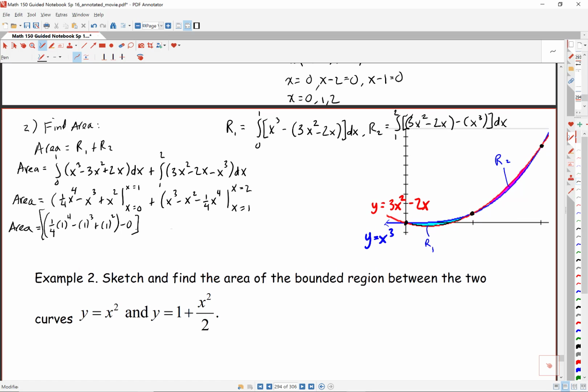Then the next integral will be 2 cubed minus 2 squared minus 1/4 times 2 to the fourth, and subtracting from that we'll have 1 cubed minus 1 squared minus 1/4 times 1 to the fourth.